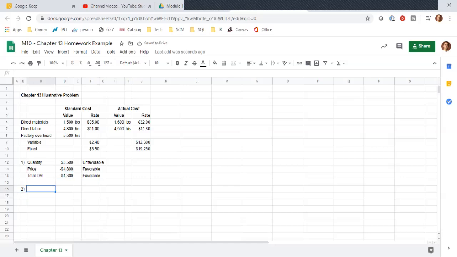Okay, second part, determine time, rate, and total direct labor cost variance. So we have time, rate, and total direct labor. Okay.